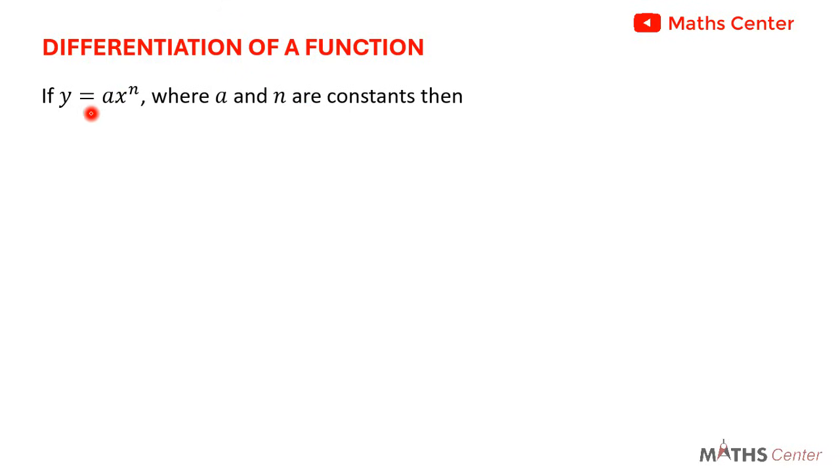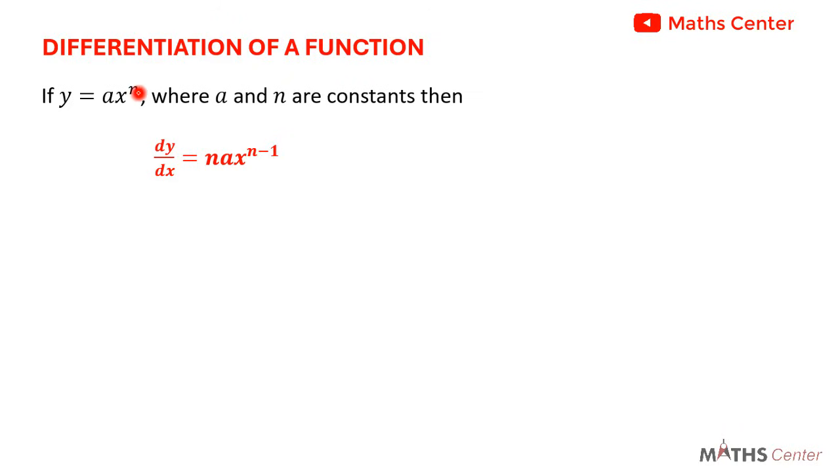If you have a function and it's of the form y is equal to ax exponent n, where a and n are constants, so x and y are the variables and a and n are constants, then when you differentiate y with respect to x, that is, when you find dy dx, it will be given by n ax exponent n minus 1.